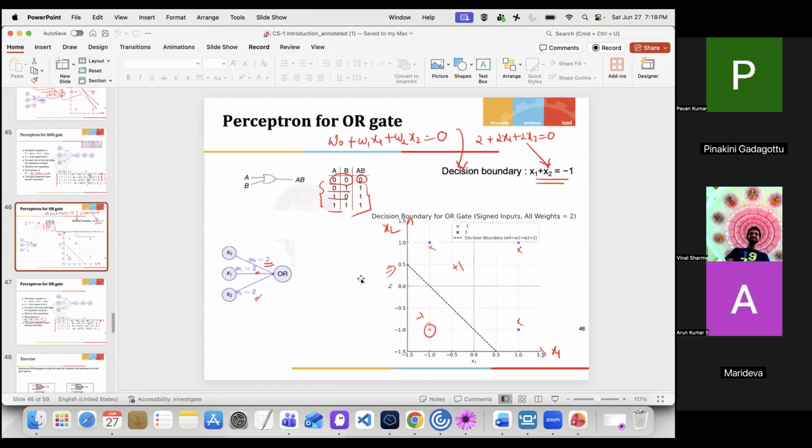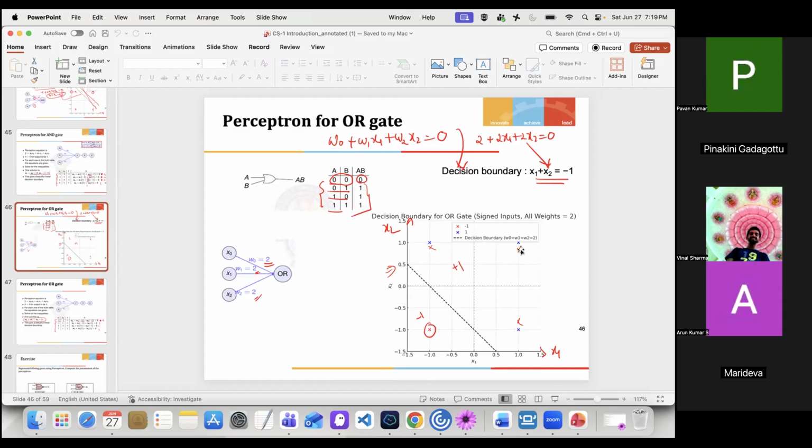If you plot that, when both are -1, the output is 0. When both are 1, it is 1. When one is 1 and the other is -1, it should again be -1 or 0, whatever.